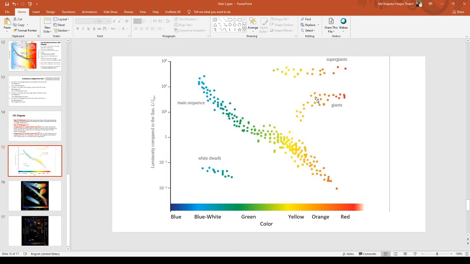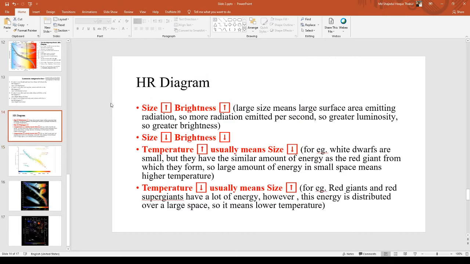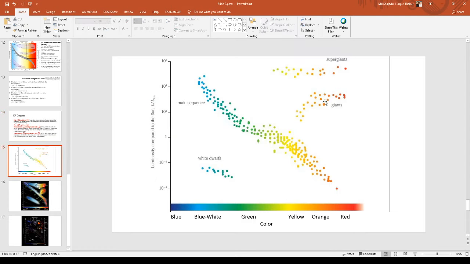As they are bigger than the Sun, they will definitely be brighter than the Sun, because big size means large brightness, right? So the giants will be in the upper part of the diagram, and they will be to the right, because, well, they are giants, correct?